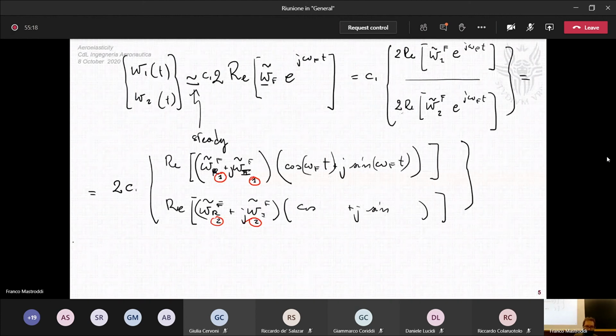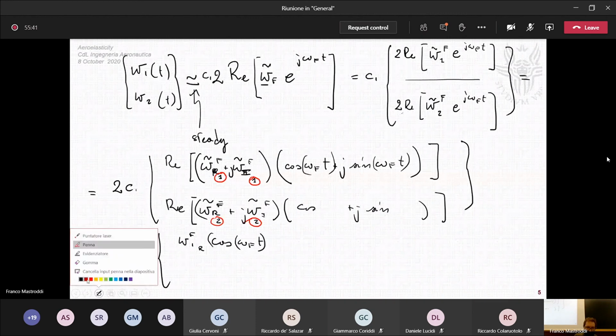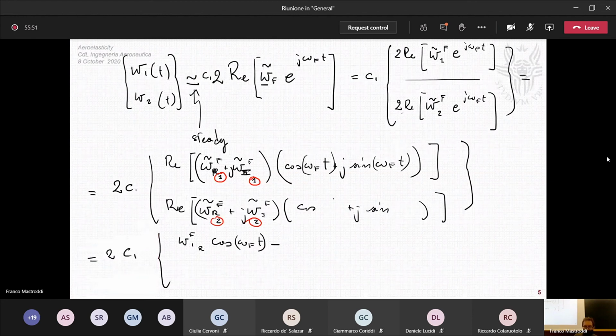Therefore at the end we have 2C1, and here we have the W flutter 1 real part by cosine of omega flutter t, minus the other portion of the real part, which is the product of the two imaginary parts.